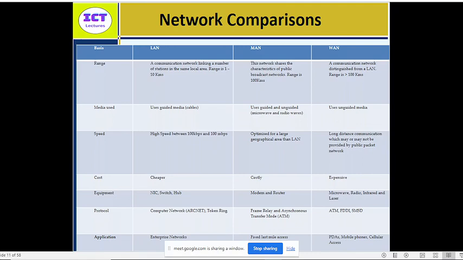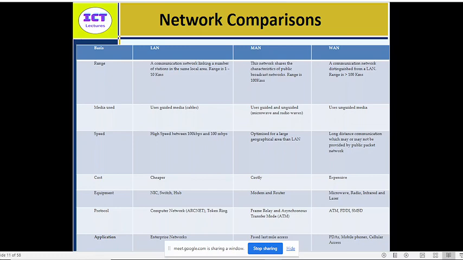Then we talk about the devices that are implemented within these categories of network. Within a local area network, you will normally use a network interface card. You're going to see these devices later on, a switch and a hub.